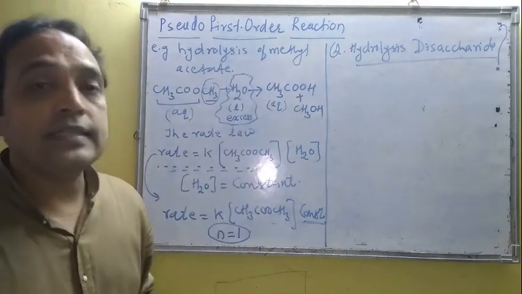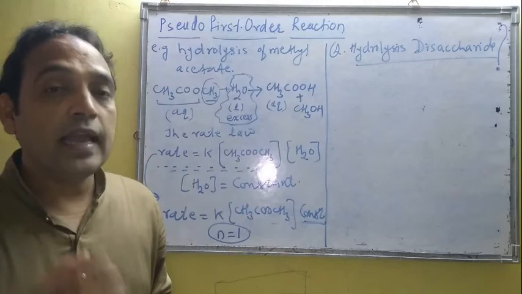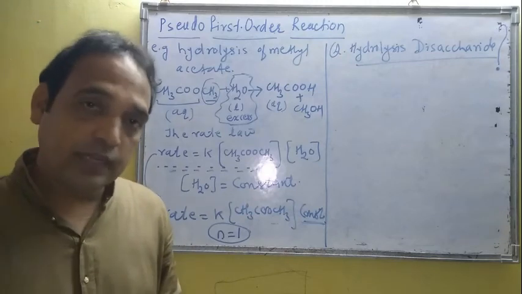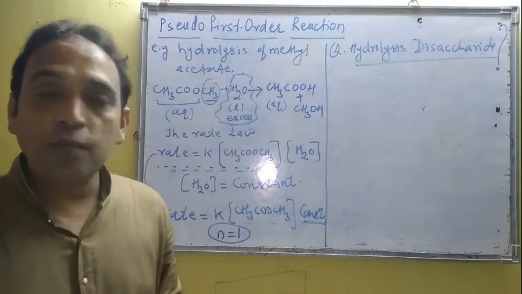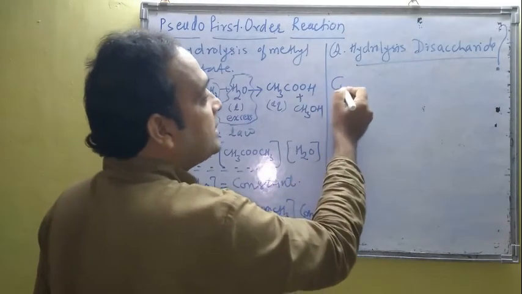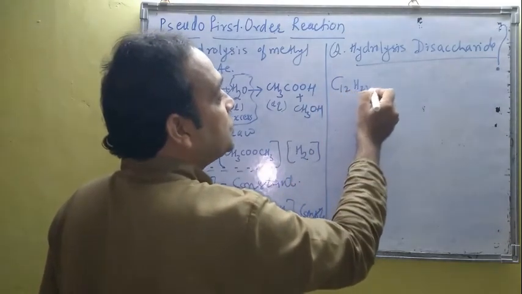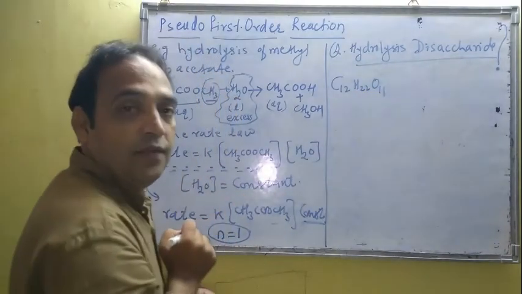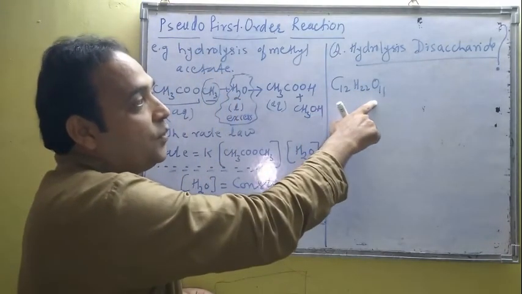Now what is a disaccharide? Glucose and fructose are monosaccharides. What is the molecular formula of a monosaccharide? C6H12O6. What is the molecular formula of a disaccharide? C12H22O11.